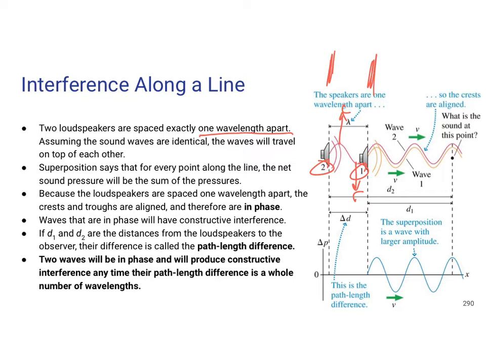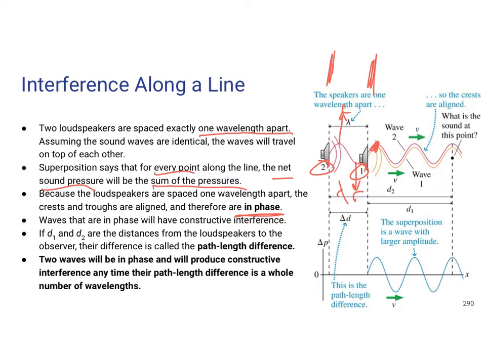Now, according to the concept of superposition, at every point where these two are interfering with each other, the net pressure will be the sum of the two individual pressures. So here, for example, I have two crests meeting together, or rather, two areas of compression. Since these two are directly a multiple of a wavelength apart, these two sound waves are in phase with one another.